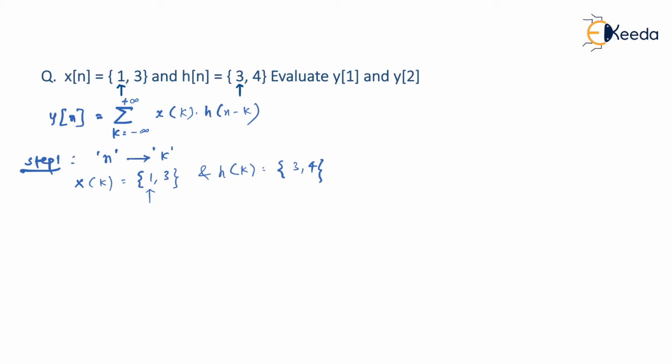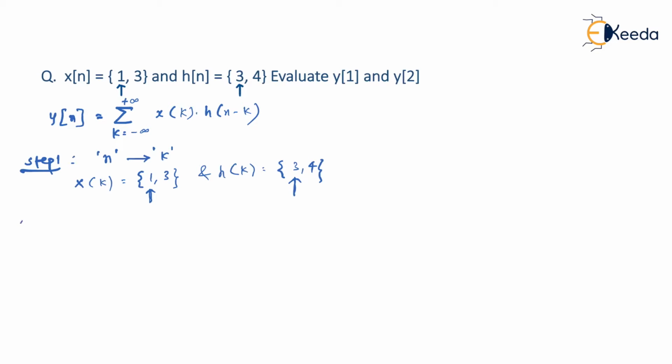The arrow mark is given here. We understand the significance of the arrow mark when a signal is a discrete time signal expressed in the form of a sequence. So for x of k, if the arrow mark is shown here, it indicates x of k at k equal to 0, and this arrow mark indicates the h of k value at k equal to 0. So the arrow mark indicates the k equal to 0 position.